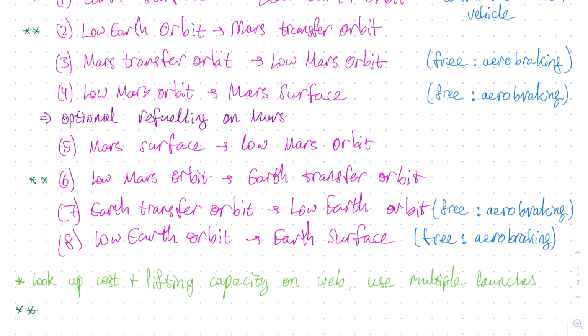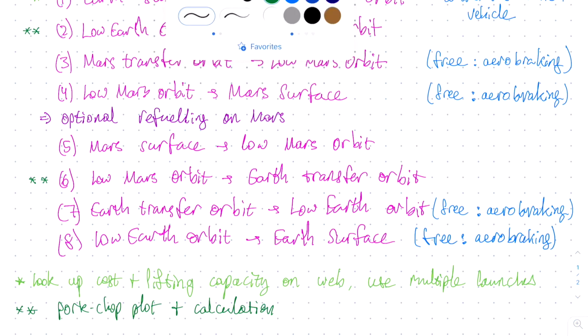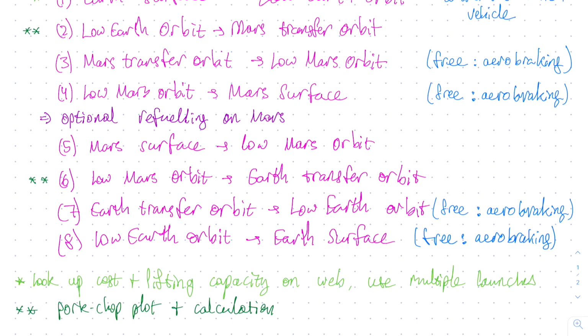First, we will use a pork chop plot to read off how much we need to increase the speed of the spacecraft relative to the speed of the Earth around the Sun in order to put it into the transfer trajectory. And second, we will perform a calculation to get that spacecraft velocity starting from low Earth orbit. And don't worry, we will go through all these details step by step.